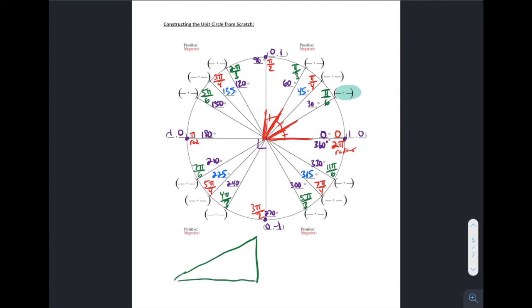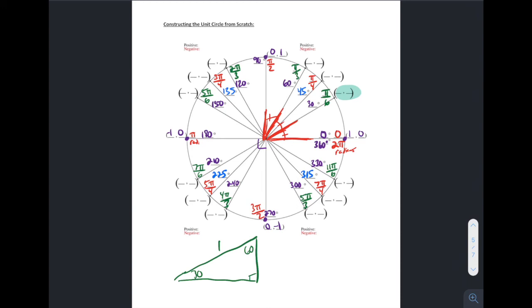So here's our right triangle. Now we know from the work that we've done here that this is a 30-degree angle, which means that I've got a 30, 60, 90 triangle. We also know that the hypotenuse of this line right here is going to be 1 because it's going from the center to the edge of that circle. That's going to be 1 unit.